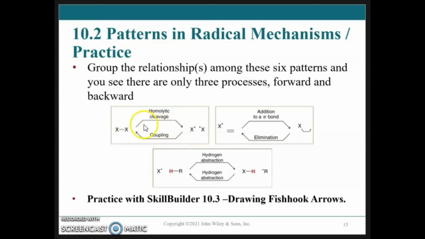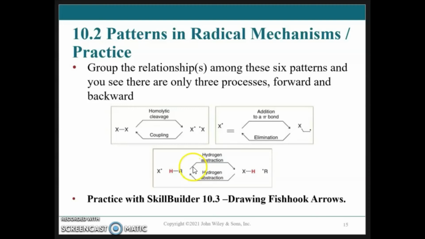So that is one of our arrow pushing patterns. The addition to a pi bond and the elimination to form a pi bond can also be thought of as 2 sides of the same coin. So that's the second pattern for us to remember.